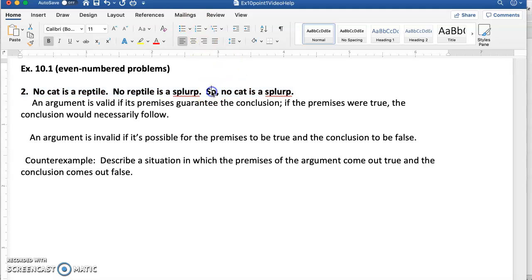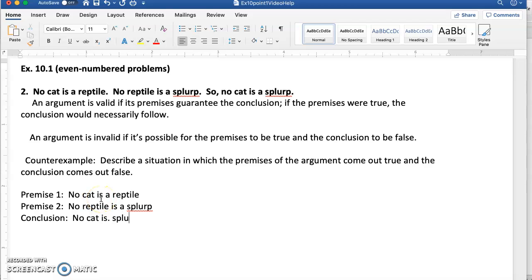Now the word so is a conclusion indicator word. So this argument basically has two premises. No cat is a reptile. And second premise, no reptile is a splurp. And the conclusion then is no cat is a splurp.